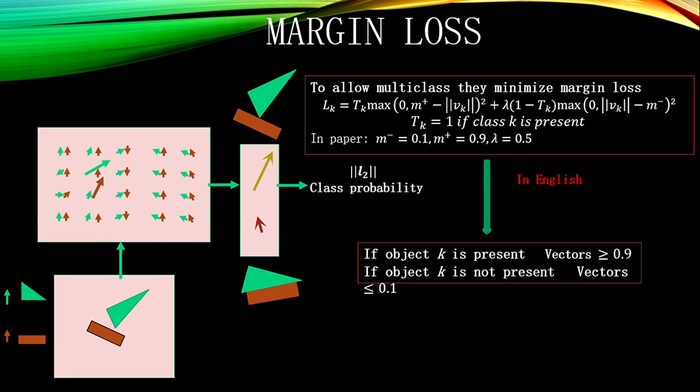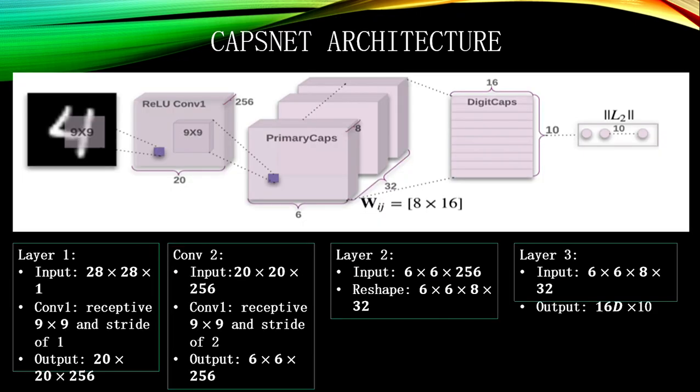Marginal loss is used so that if object k is present, the vector length is greater than or equal to 0.9, and if object k is not present, the vector length is less than or equal to 0.1. This is the marginal loss, and this is layer 1 conv, layer 2, layer 3, the dimensions of a picture. Thank you.